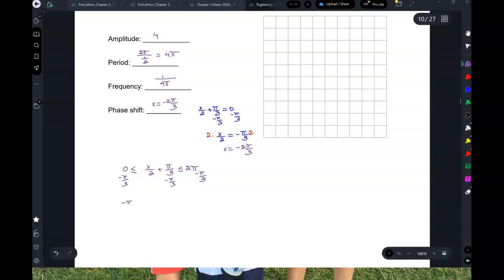So we get negative pi over 3, x over 2, and then here I have 2 pi minus pi over 3, right? If you want to put it in your calculator and do 2 minus 1 over 3 with just the coefficients, you can. Huh? 5 pi over 3.